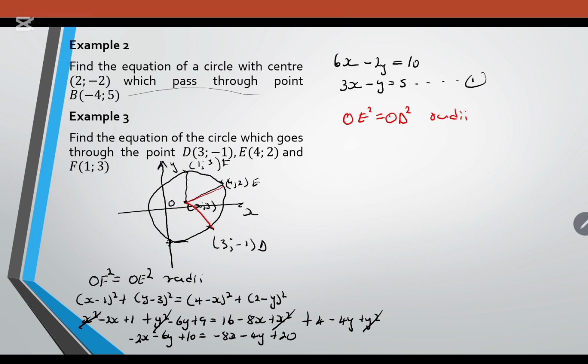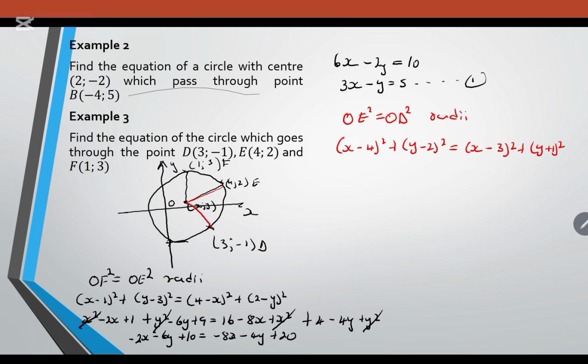So OE squared is (x minus 4) squared plus (y minus 2) squared. This is equal to (x minus 3) squared plus (y minus negative 1, that will be plus 1) squared.